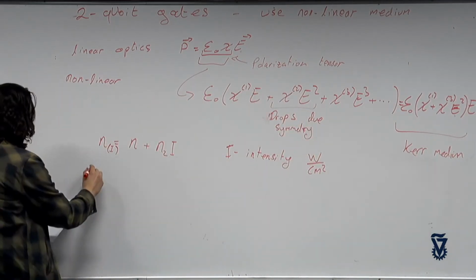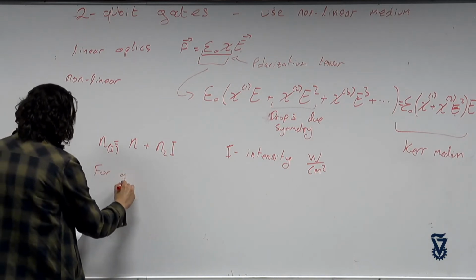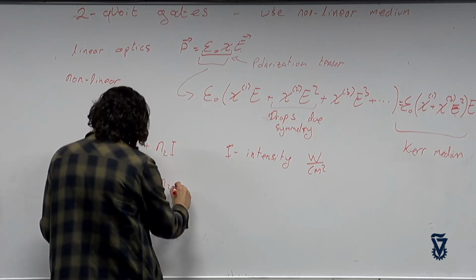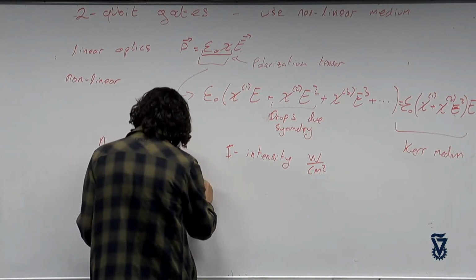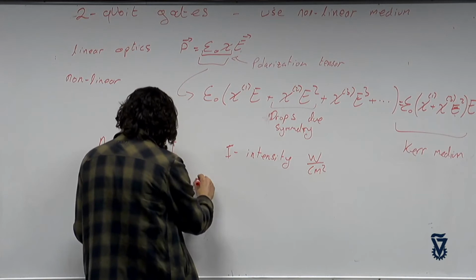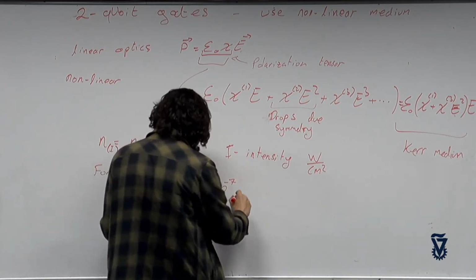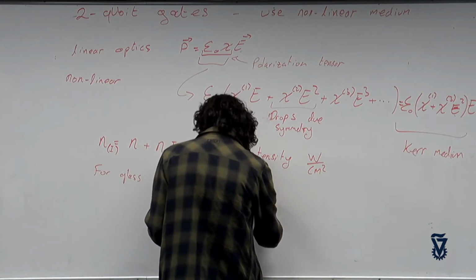I can give you some values. So for glass, n2 is going to be on the order of 10 to the minus 14 up to 10 to the minus 7 centimeters squared per watt.